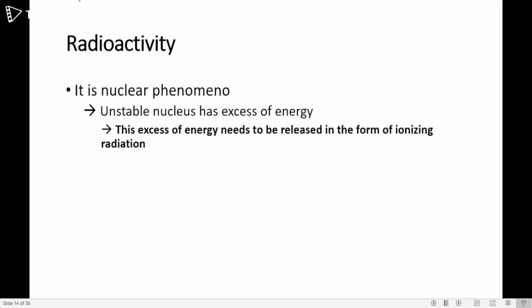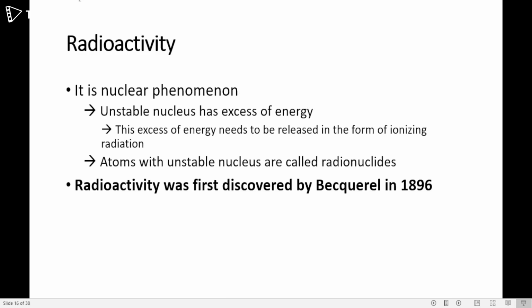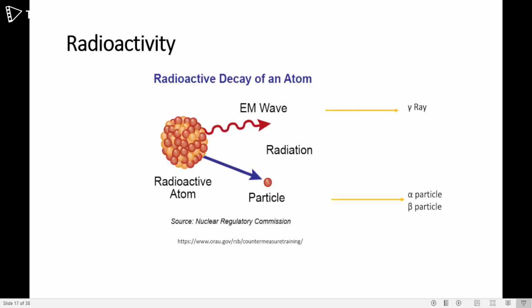This excess of energy needs to be released in the form of ionizing radiation. Atoms with an unstable nucleus are called radionuclides. Radioactivity was first discovered by Becquerel in 1896.